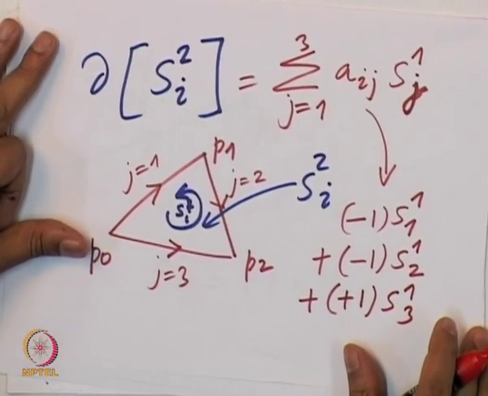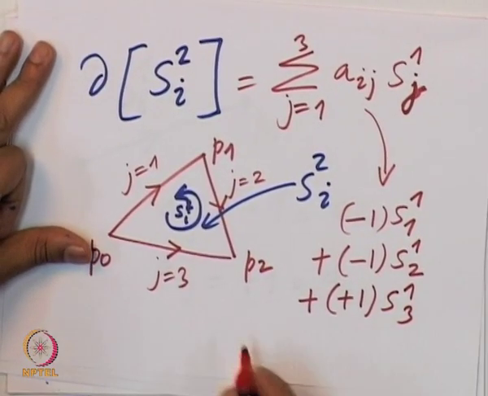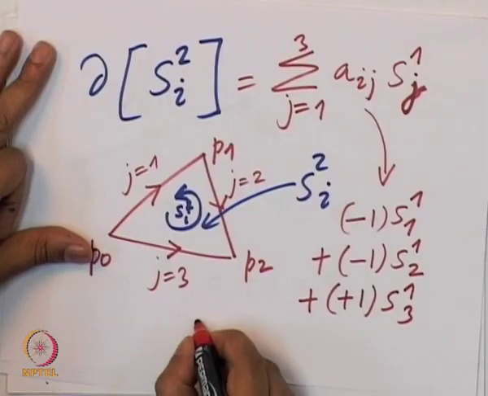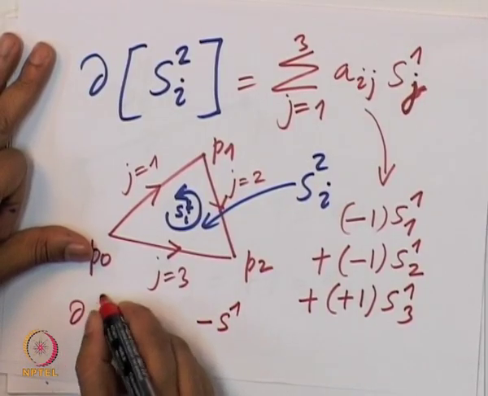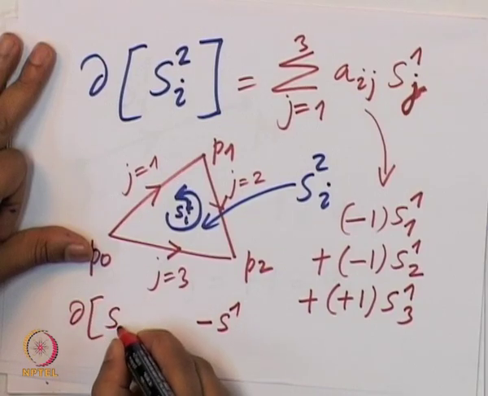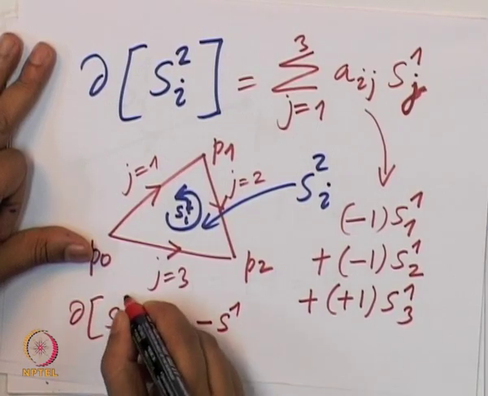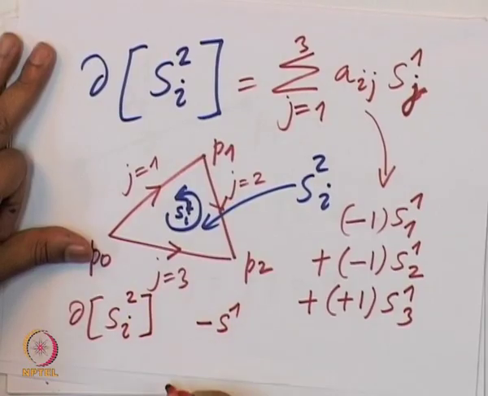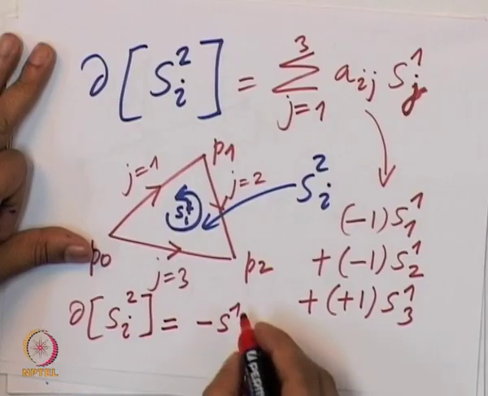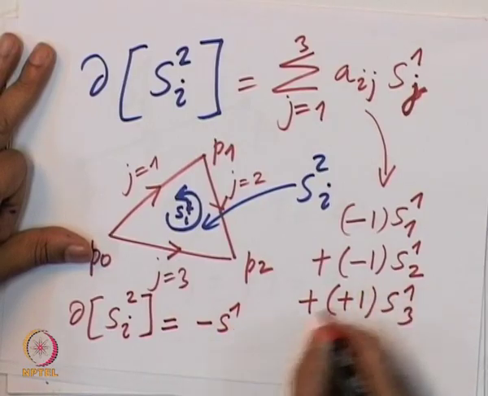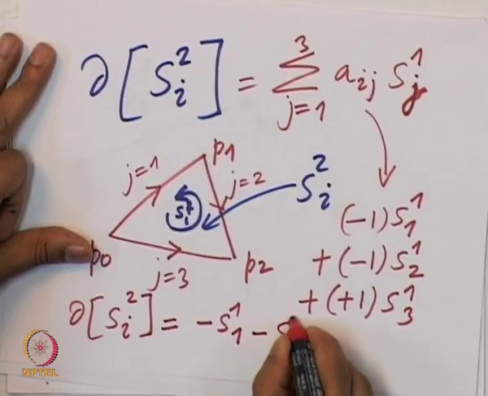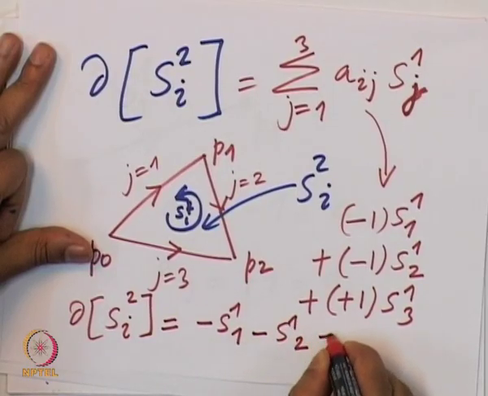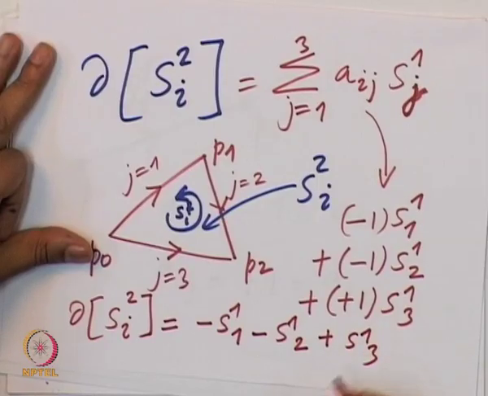So for this example, the boundary operator operating on S2 of I is equal to minus S11 minus S12 plus S13.